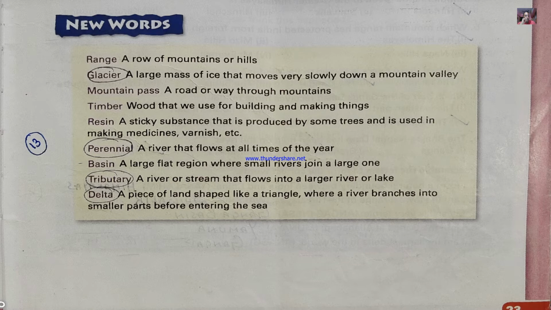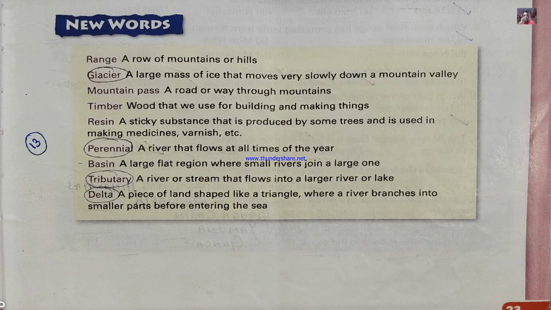A row of mountains or hills is known as a range. So, where do you find a range? In mountainous areas. Now, if you go to Chotila, there is only one mountain. It is not called a range. It is just a hillock.